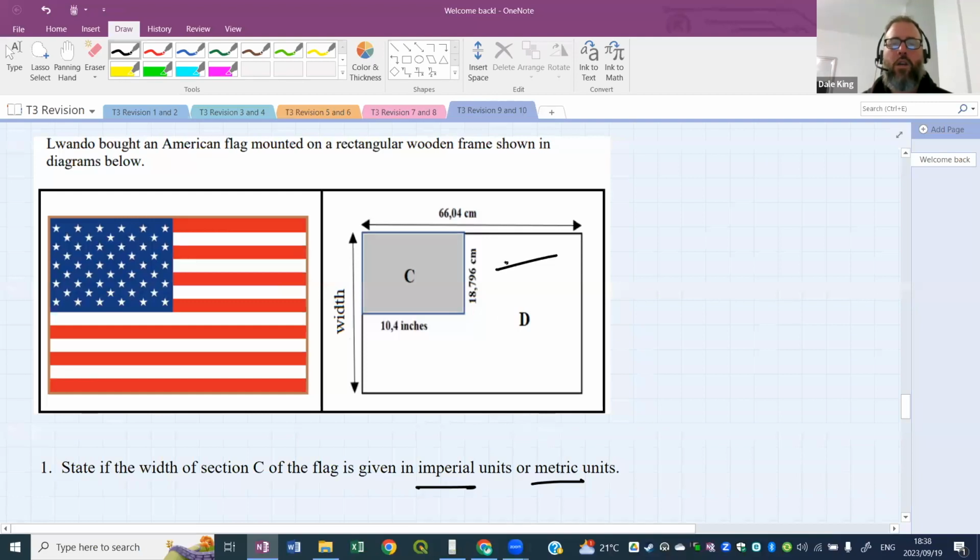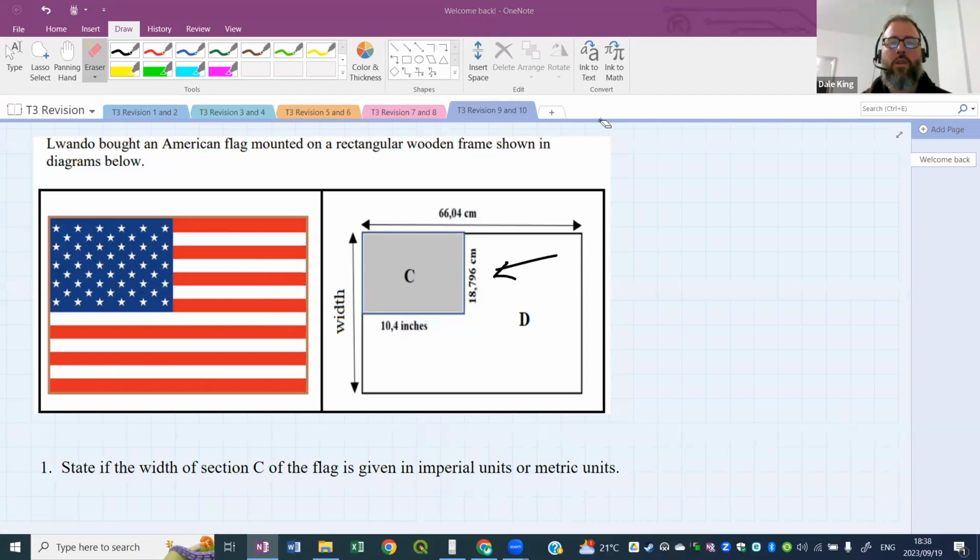This dimension here. Guys, this one here. The width, the shorter one. Not the long one. The shorter one. Is it imperial or metric?